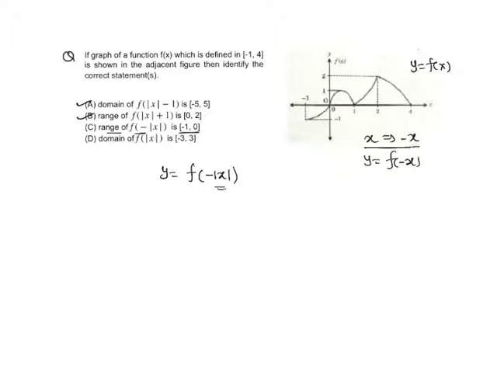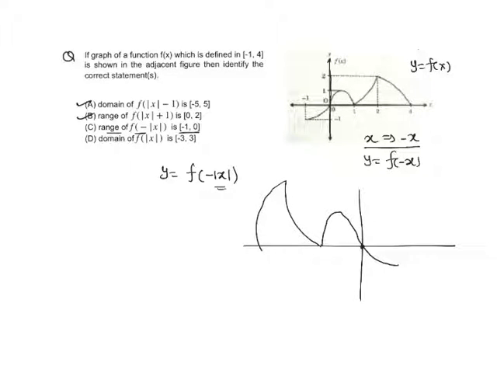If I replace x with -x, this graph will rotate with respect to the y-axis by 180 degrees. So what graph will we get? This value will come as 0, this will be 1, this will be -1, this will be -2, and this will be -4. This is the graph of y equals f(-x).